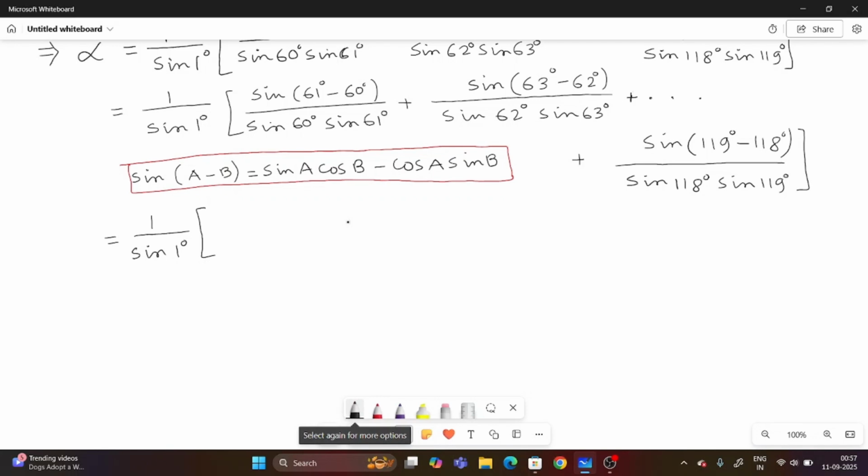So using that formula, we can break the numerators in each term.